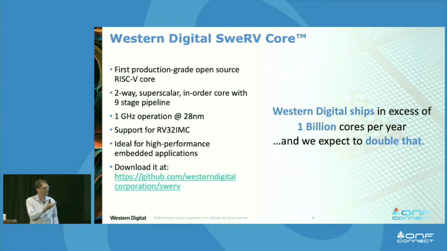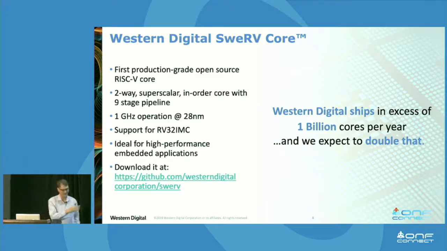In fact, we ship roughly 1 billion cores every year, so we have a strong interest in how this compute architecture works. Most of these cores are, of course, embedded cores, but we have, for instance, open-sourced the first production-grade open-source RISC-V core, which is described here. It's available on GitHub, but it's basically an embedded core that you can go download for free and use to do what you want.